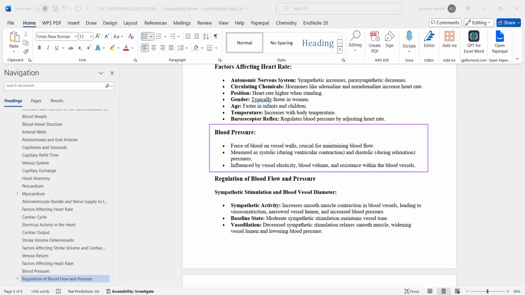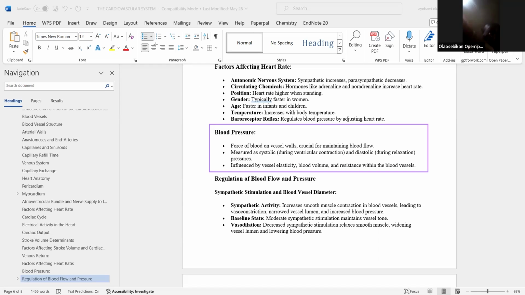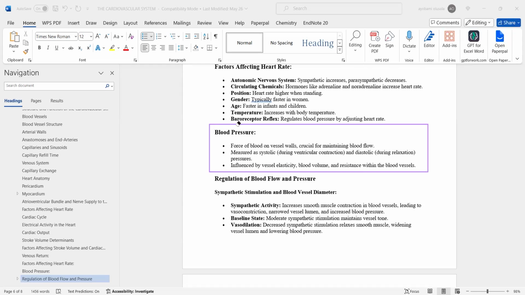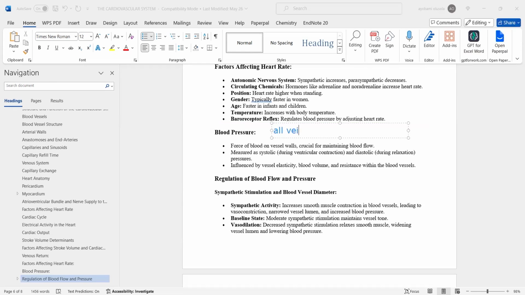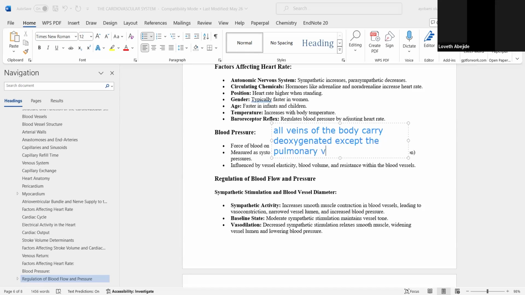And I forgot to tell you something which is also important. All the veins in the body carry deoxygenated blood, except the pulmonary vein. Please take note of this. Let me write it down. All veins of the body carry deoxygenated blood, except what? Except the pulmonary vein.